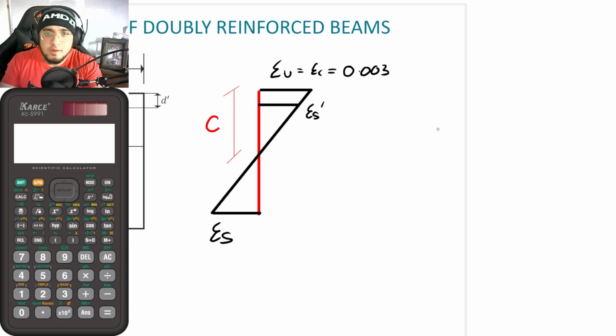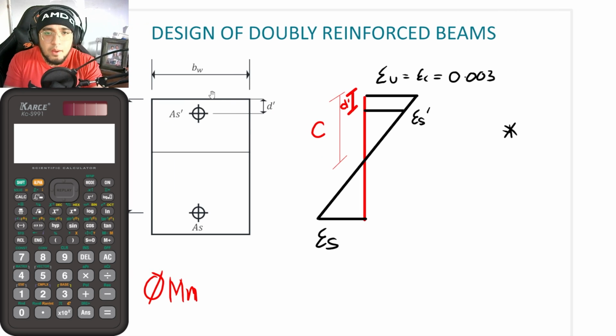Looking at this triangle, what I will be doing is comparing this small triangle by the bigger triangle by ratio and proportion. Also, this is what you would be calling d prime, a new entity, or the distance from the compression fiber up to the centroid of your compression bar.